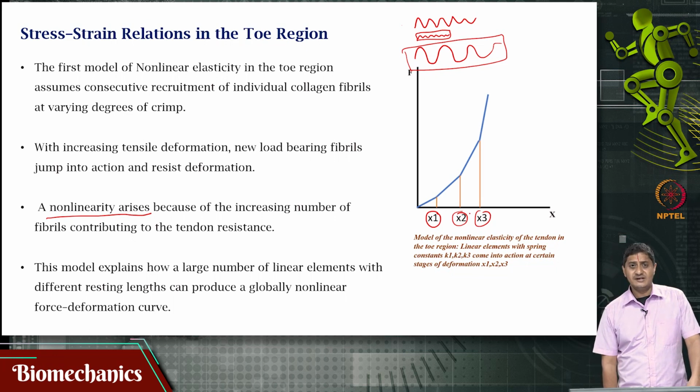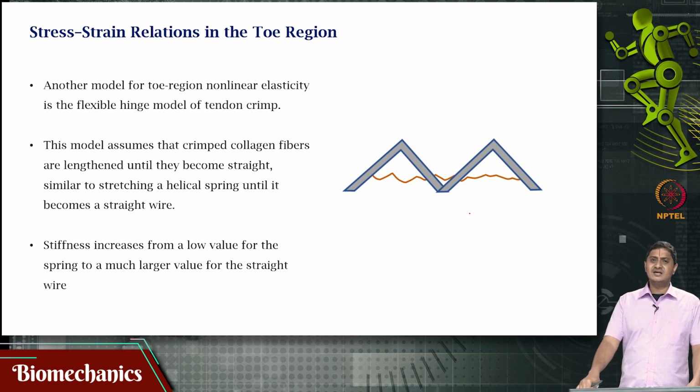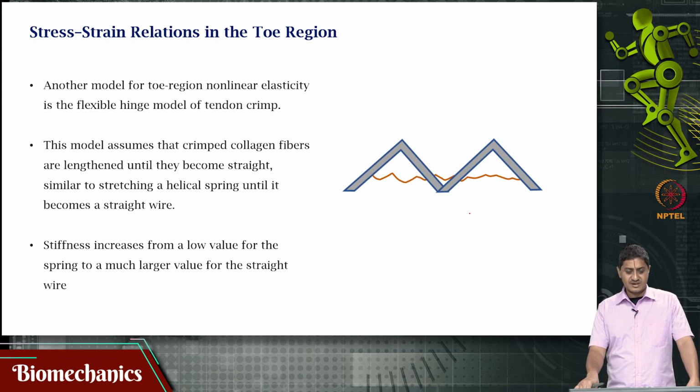toe region nonlinear elasticity. Another model to explain toe region nonlinear elasticity is the flexible hinge model of tendon crimp. This is like you have crimped collagen fibers that become lengthened until they become straight. This is like having a helical spring until it becomes a straight wire. Well, obviously, the stiffness of the helical spring increases from a low value initially to a much larger value for the whole wire, right.